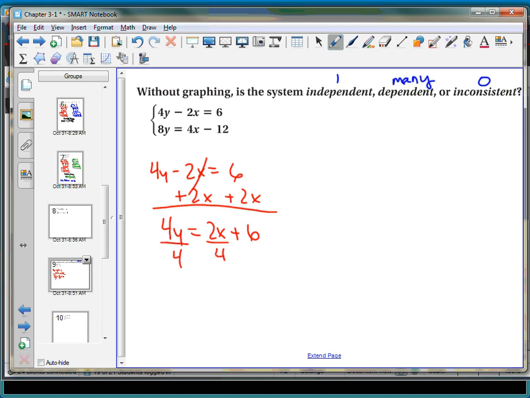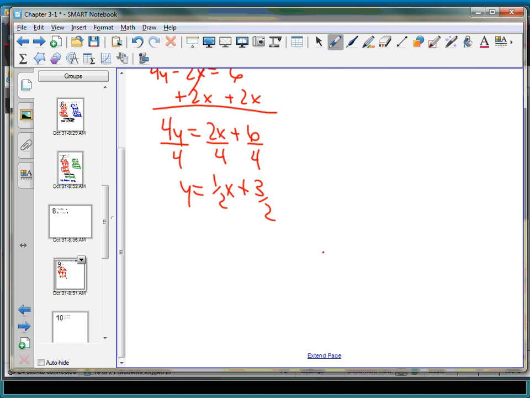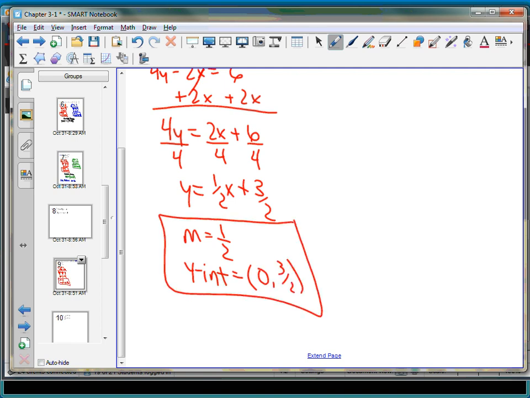Divide each and every term by 4, and y is equal to 1/2 x, because they're both divisible by 2, and 3 over 2. What's my slope? 1/2. What's my y-intercept? 0, 3 over 2. Box it in. Why am I boxing that in? Because I need to look at it here in a little bit.